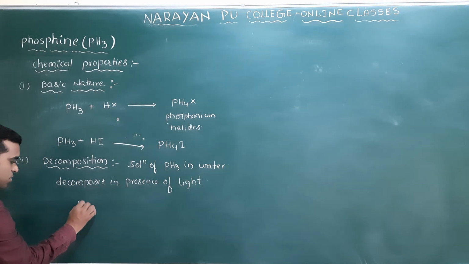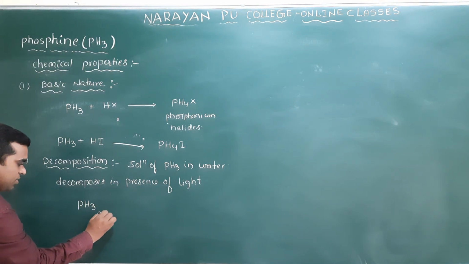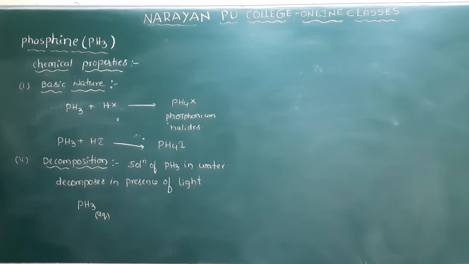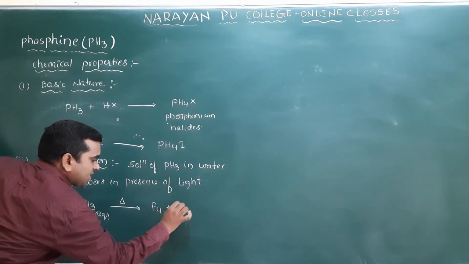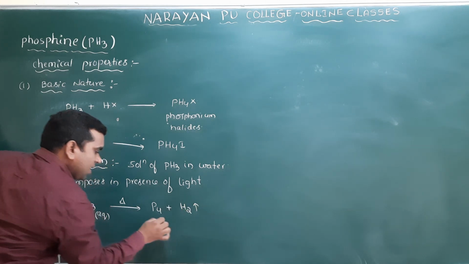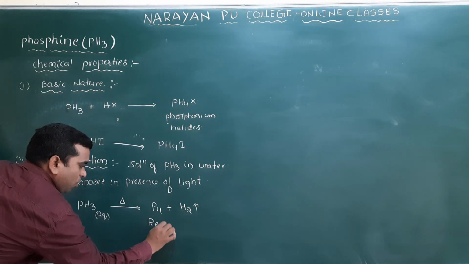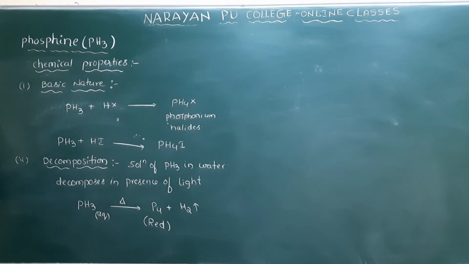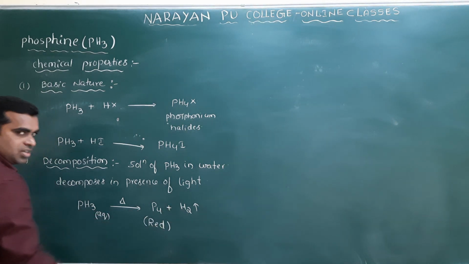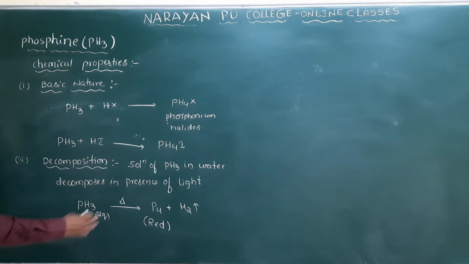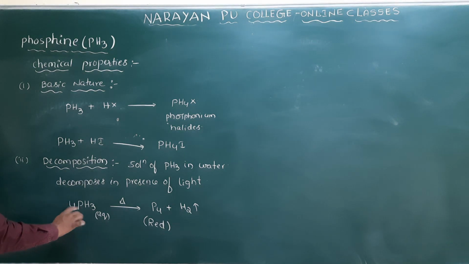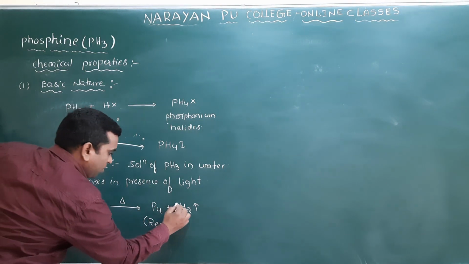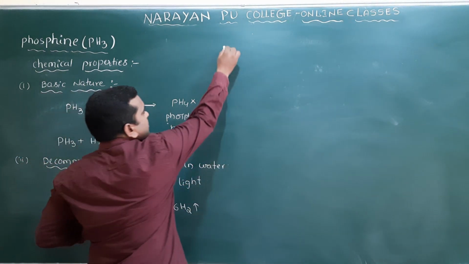Take phosphine solution and heat this, and you will get phosphorus and hydrogen gas. Very important, it is red phosphorus, not white phosphorus, because white phosphorus in aqueous solution is very highly reactive. Balance it: there are 4 phosphorus atoms and 12 hydrogens, so here I have to put 6.